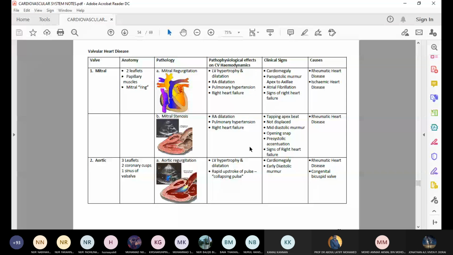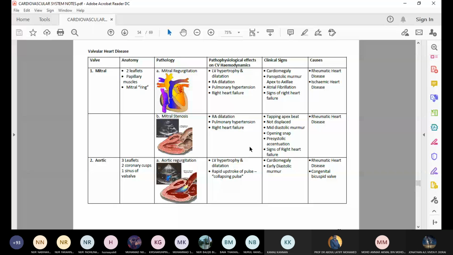So the papillary muscle actually holds the mitral valve. When the papillary muscles get infarcted and necrosed, the papillary muscle can be elongated, ya, jadi panjang. Then it will cause the mitral valve to be abnormal, and it can cause mitral regurgitation.